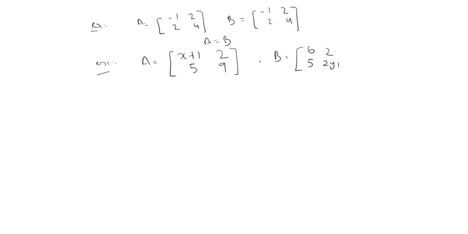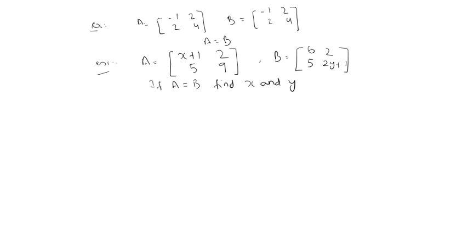Two matrices are given. If A equal to B, find x and y. Here two matrices are given and it is given that both are equal. We have to find x and y.